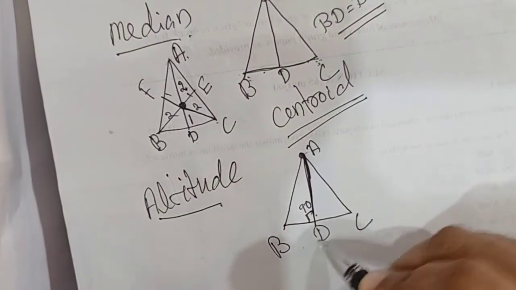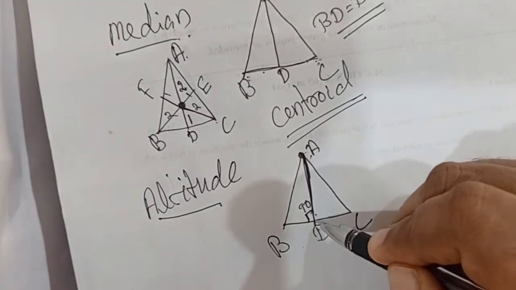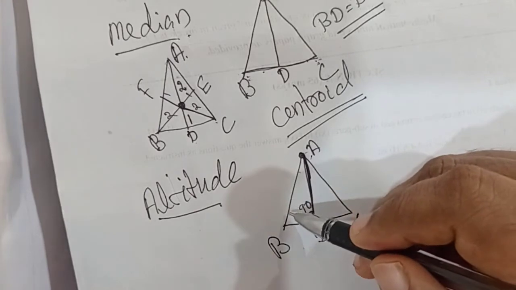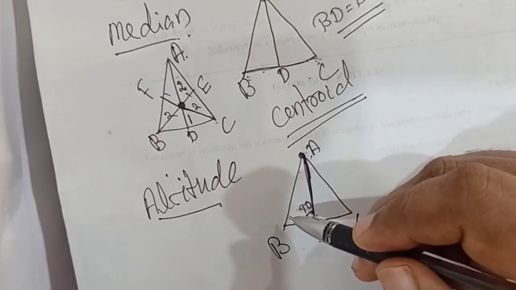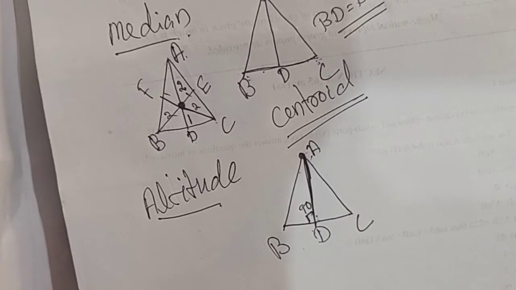Therefore, suppose AD is the altitude, then the triangle ADB is a right triangle. There you can apply which theorem? Yes, Pythagoras theorem. Understand? Here, altitude means the length of the perpendicular drawn from the opposite vertex to that side.